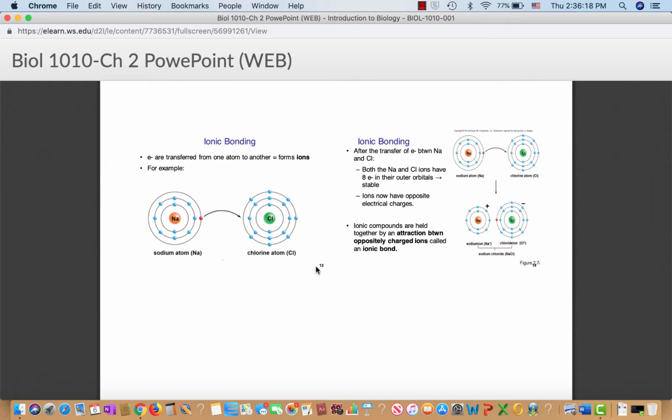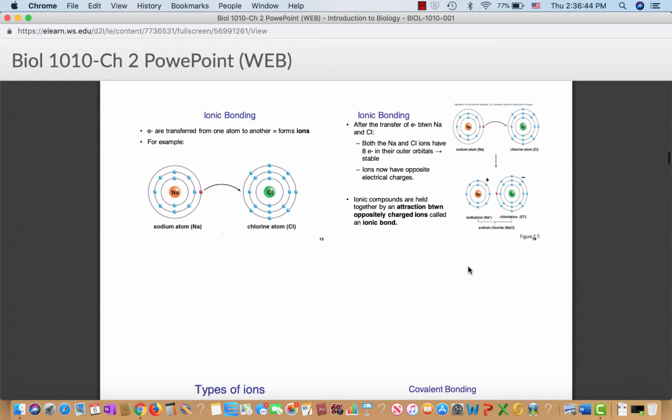Which is kind of interesting if you think about it, because chlorine gas will kill you if you breathe it in, and sodium explodes in contact with water, and we're about 70% water. So if you just look at the ingredients of table salt, you would think that would be incredibly poisonous. But you put them together and you get table salt, and you need that to live. So go figure on that one.